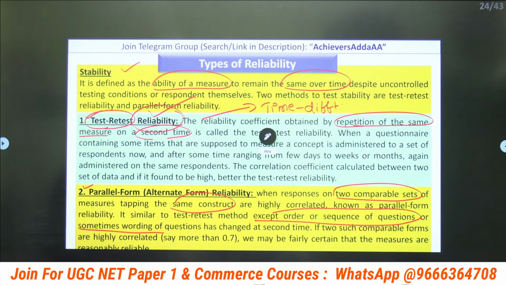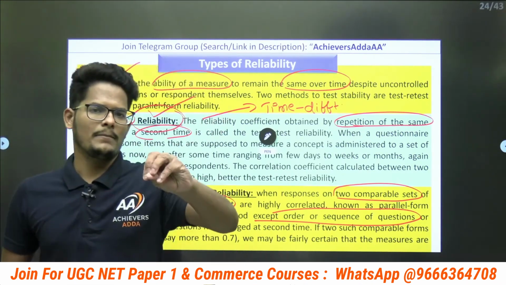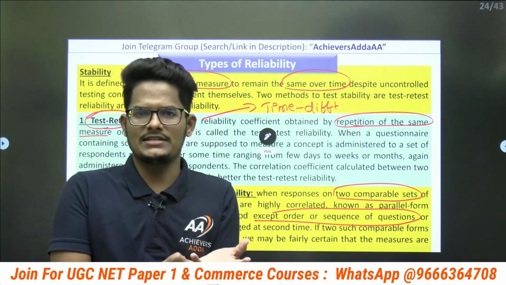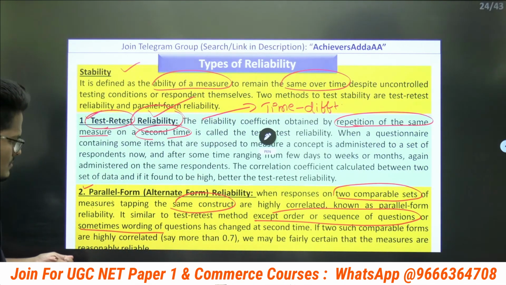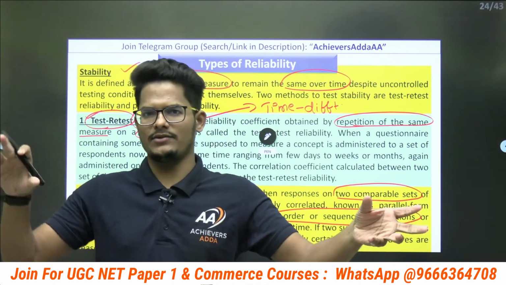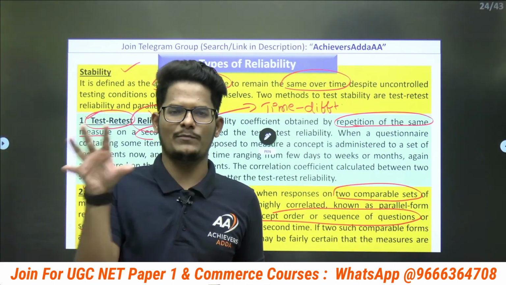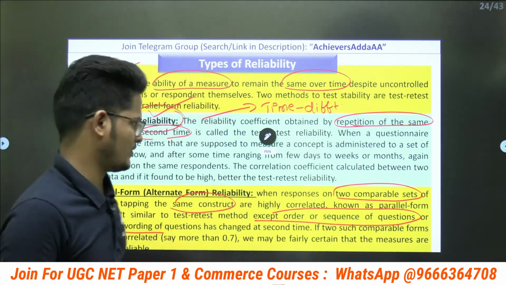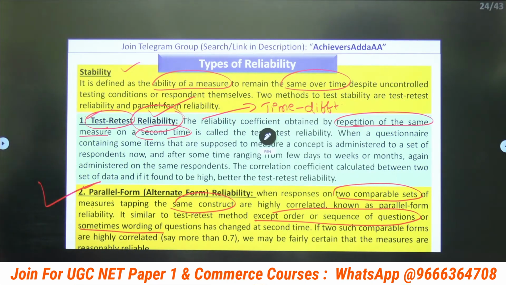So you are performing different tests on the same group, because here the questions are changing. First time the questions are different, second time the questions are different, the first test is different and the second test is different, but on the same respondents at a different point of time. That comes under the parallel form or alternative form of reliability.